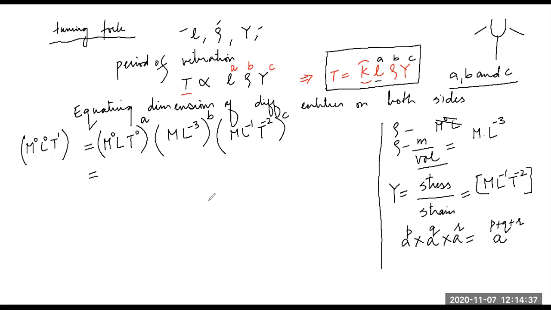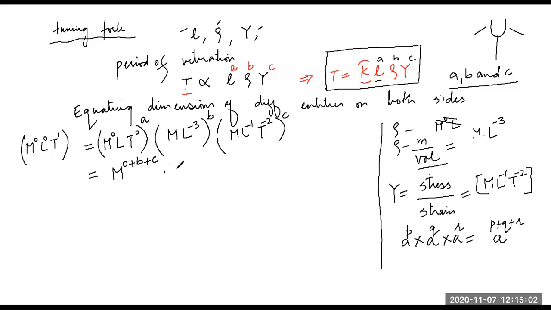So what will be the power of M? When a is multiplied by 0, it is 0; when b is multiplied by 1, it is b; when c is multiplied by 1, it is plus c.